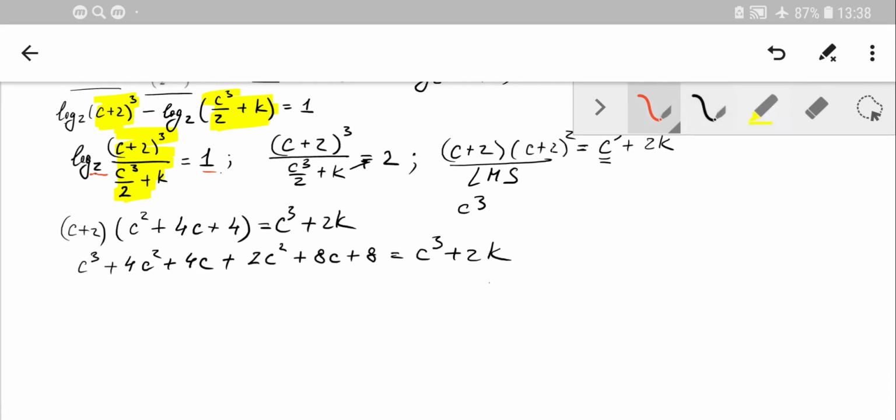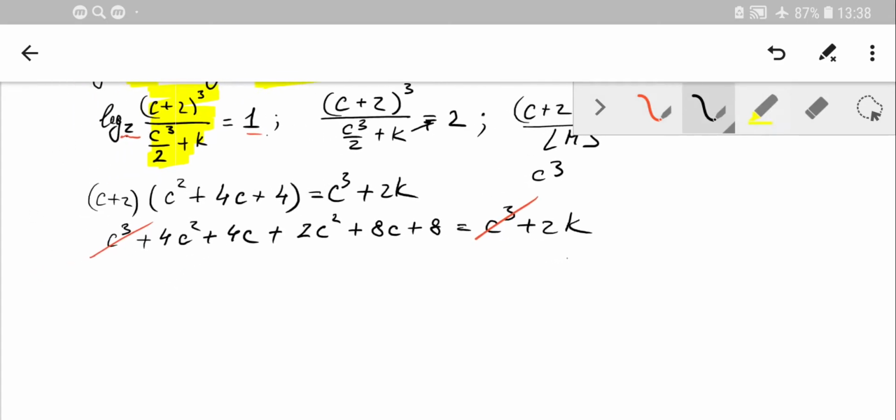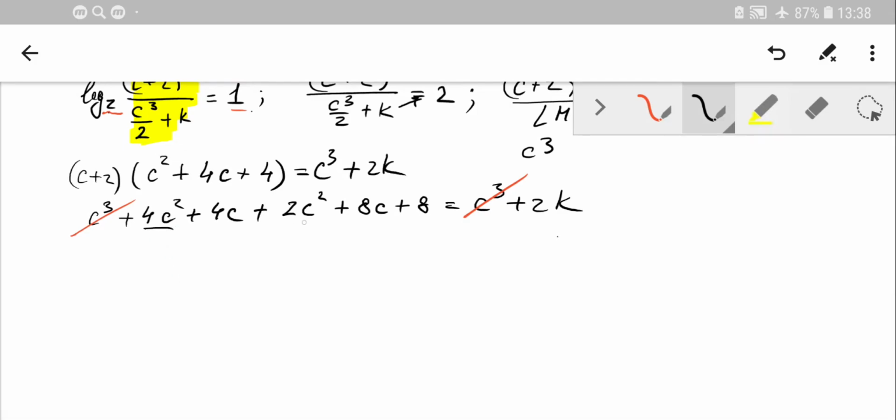Now you see that this wasn't in my previous videos: c cubed and c cubed will cancel. So you are left completely with 6c squared plus 12c, and here we'll get 8 minus 2k, equals 0. That's a quadratic equation. Now it's quadratic.